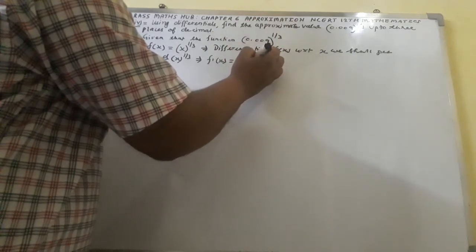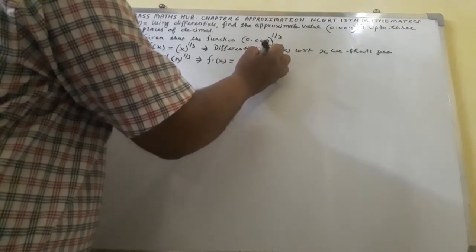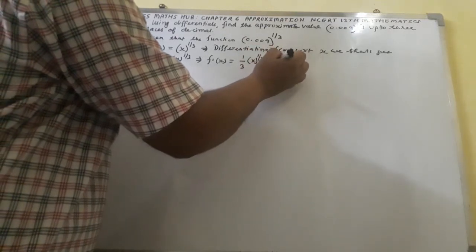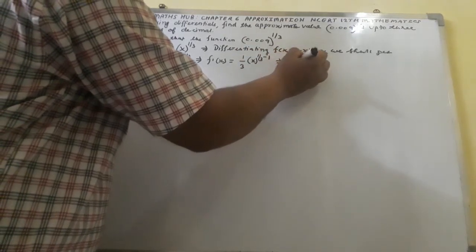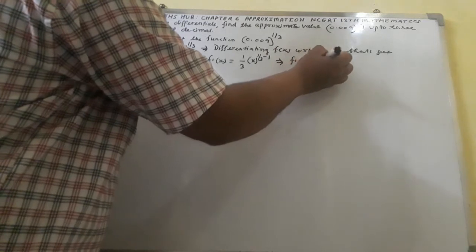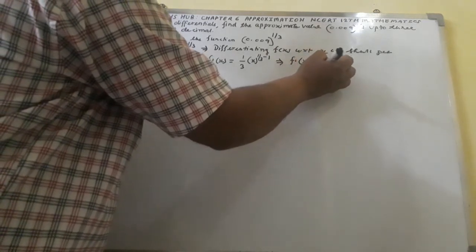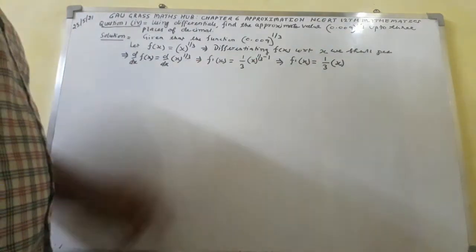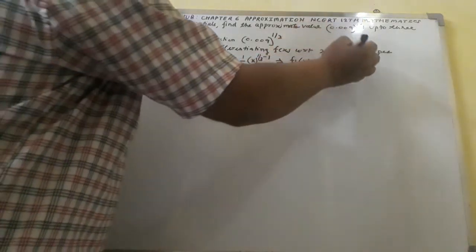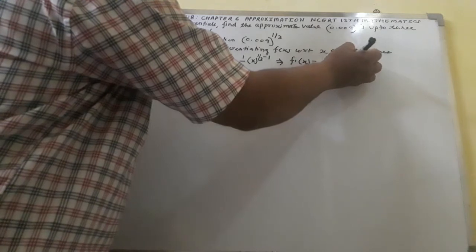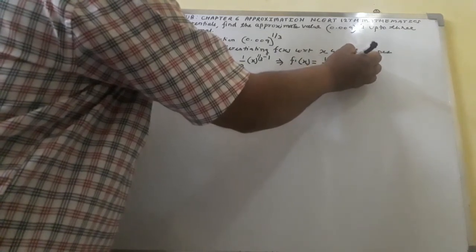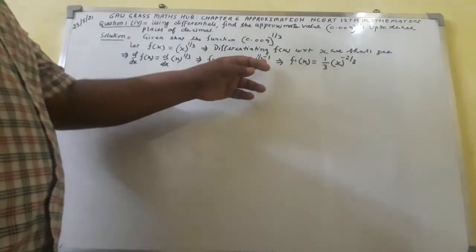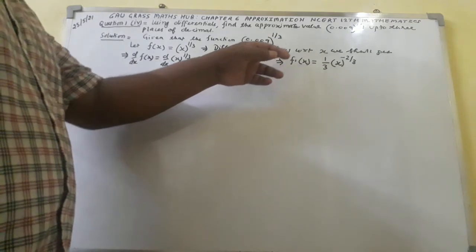x raised to the power 1 over 3 minus 1, implies that f dash of x equal to 1 over 3, here write x raised to the power 1 over 3 minus 1 comes out to be minus 2 over 3. 1 minus 3 comes out minus 2 over 3.